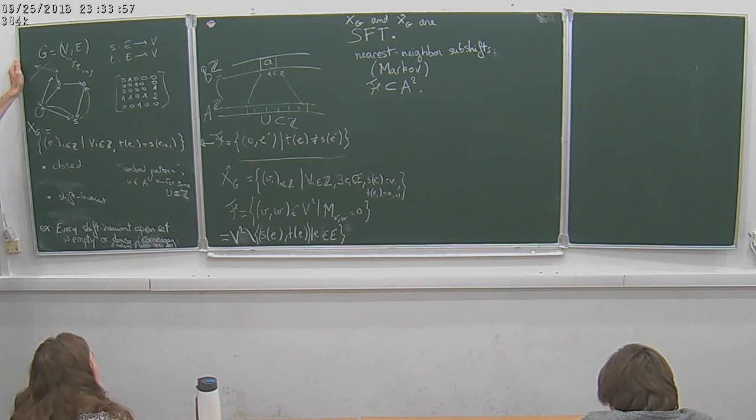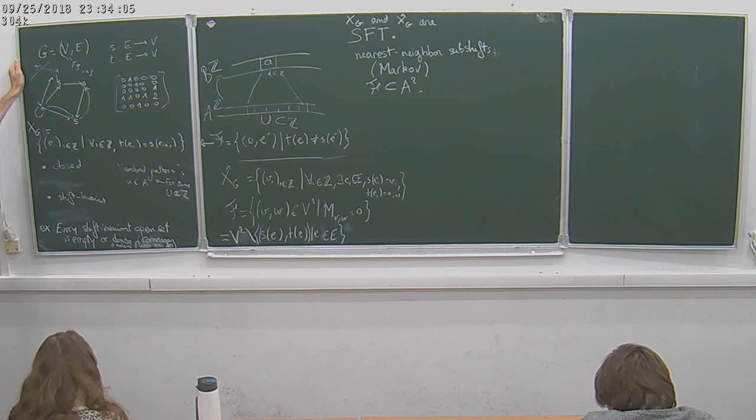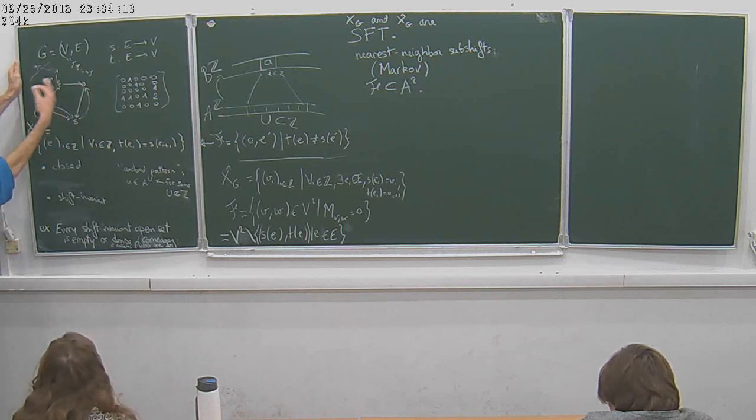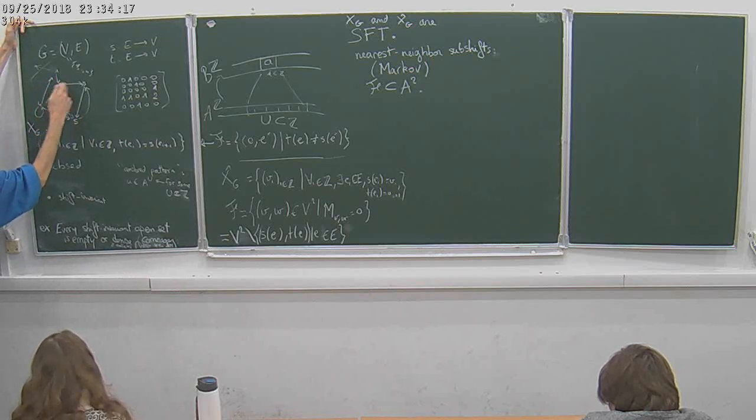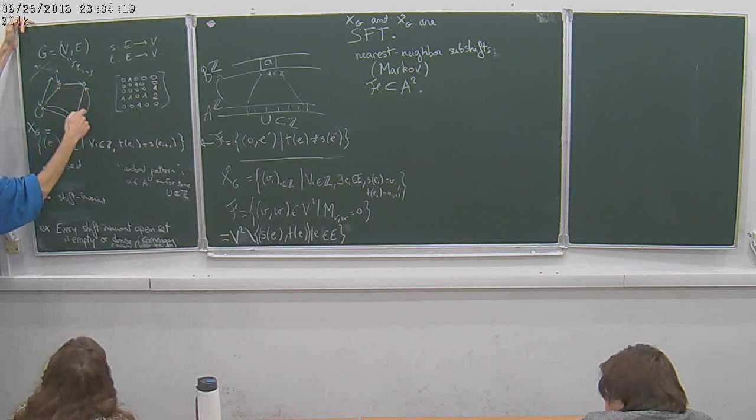So, the next state in a Markov chain is determined by just one element, by the previous state. Exactly. So you don't have a very long memory in the Markov chain. And basically you have this graph. In the Markov chain you have a probability to go to the next vertex.